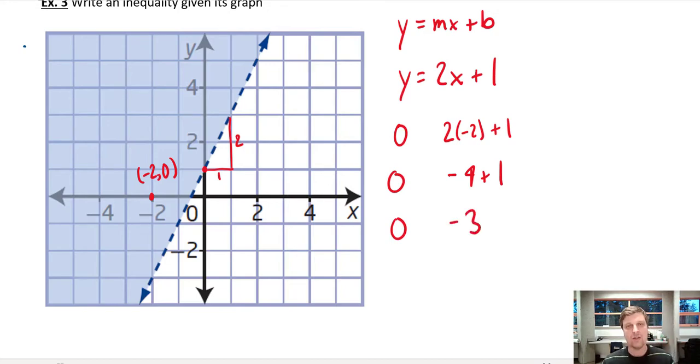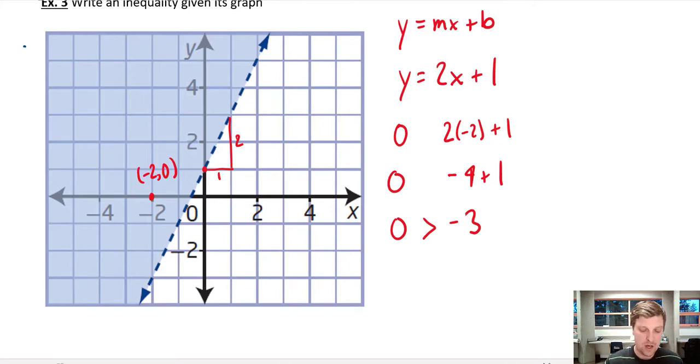And so all I have to do is think about, well, what sign can I put between 0 and negative 3 so that this is correct? And we can see that 0 is greater than negative 3. And so that must be the sign that I'm going to use. I need to make a decision then, is it going to be greater than or equal to?